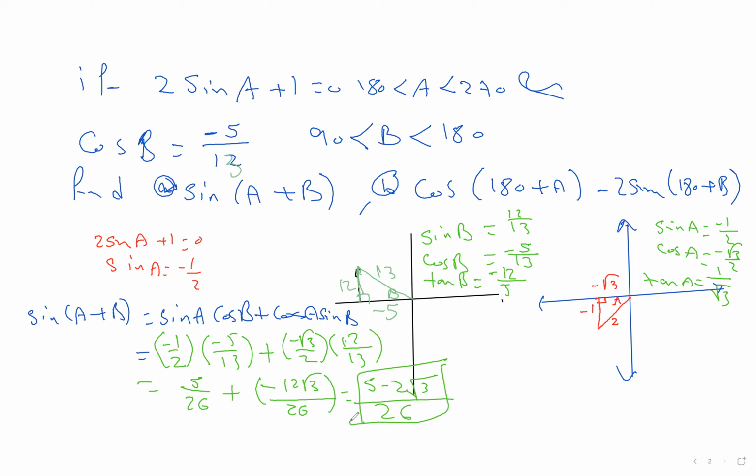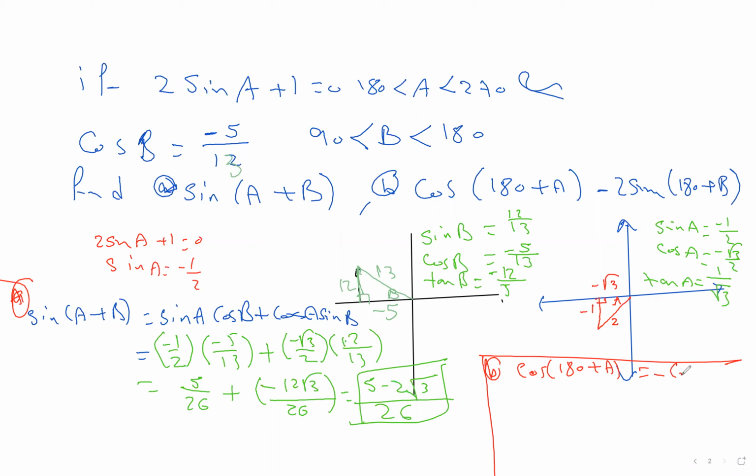What about the other one? Number B: cosine 180 plus A. It is in the third quadrant, and in the third quadrant the cosine must be negative.